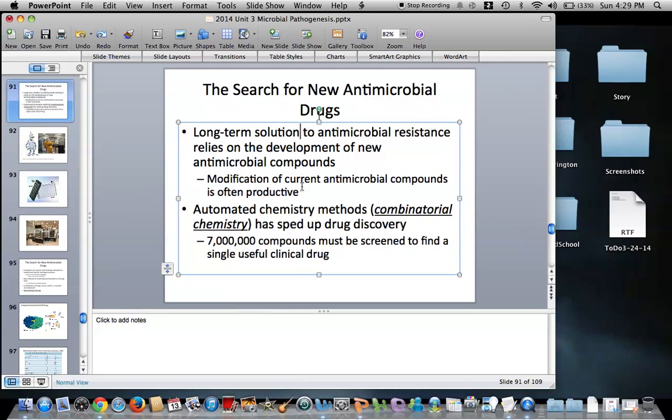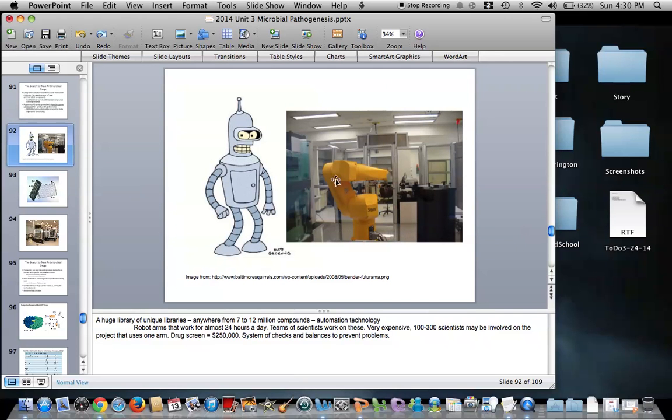Modifying a current agent is easier than making a new one, and this drug discovery process has become ridiculous. So 1 in 7 million drugs are right. Here we have an arm that you'd have like 3 data scientists dedicated to while it goes into these experiments.